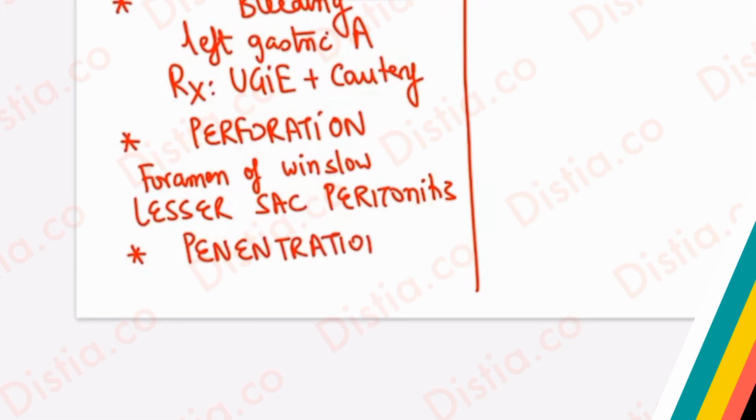What is the difference between perforation and penetration? I mean, most guys say, sir, are they not the same? Well, the difference, I can put it like this, is that perforation is explosive, sudden, and penetration is a slow process of acid eating away into the posterior wall of the stomach, and posteriorly is present the pancreas.